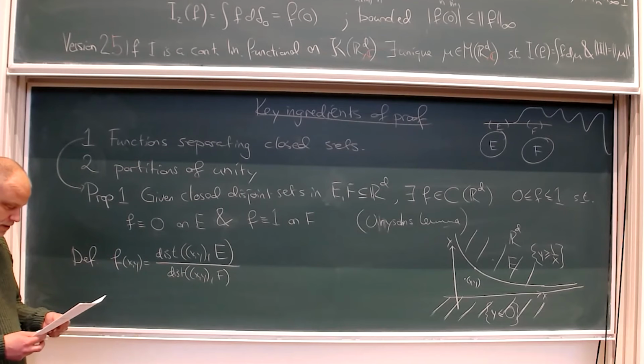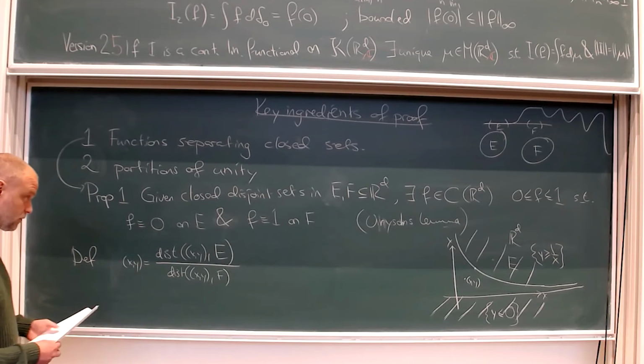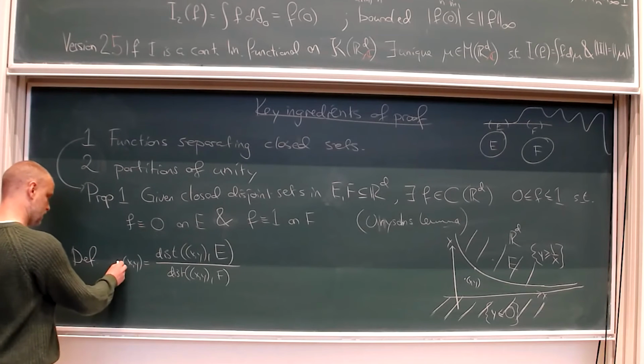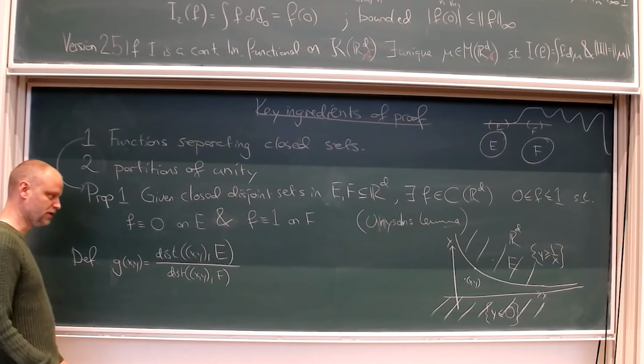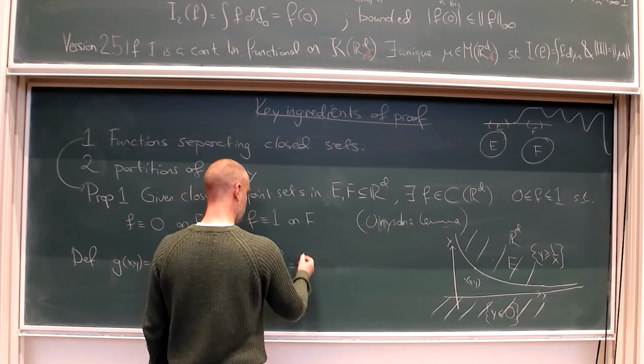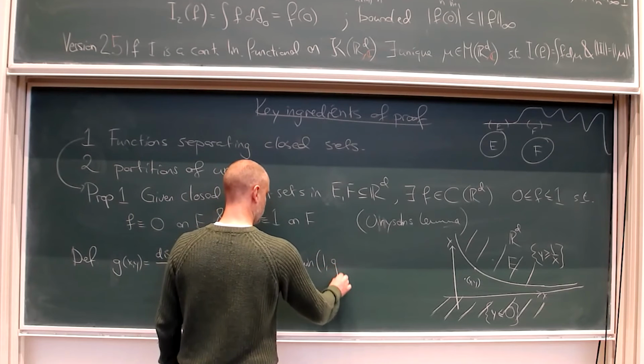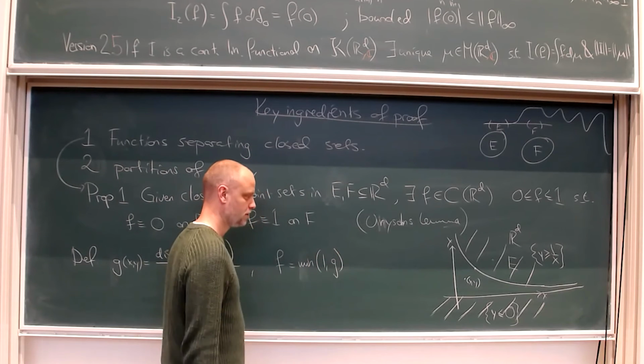And actually, that's not my f, because it doesn't satisfy that, right? Let's call him g, and then just do f equals the minimum of 1 and g, right?